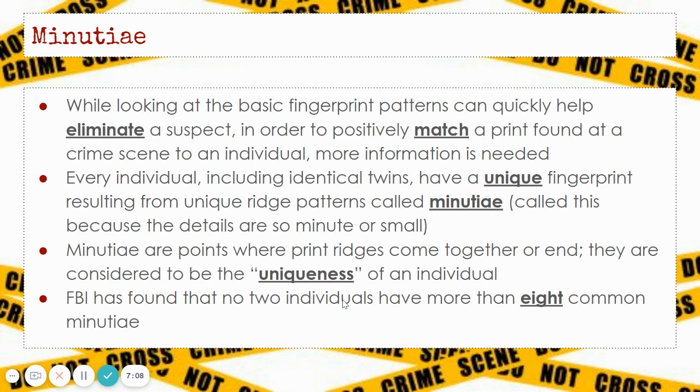We call it this because these are very tiny, small details in a fingerprint. Minutia are points where print ridges come together or where they end, and they're considered to be the uniqueness of the individual. The FBI has found that no two individuals have more than 8 common minutia. So like we said, even identical twins may have the same main pattern, but even their minutia are going to be slightly different.